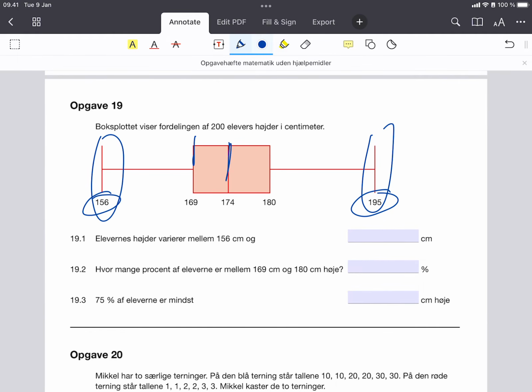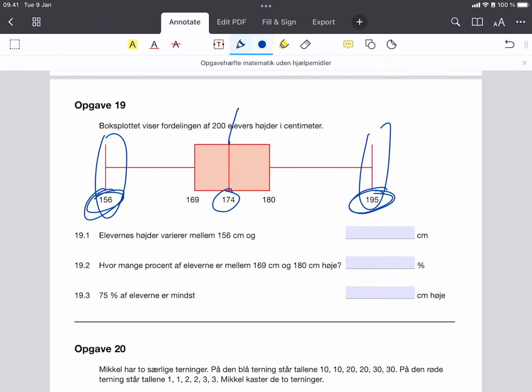So what does that mean? Well, if you stand the 200 people in a long line in height order, with the smallest at one end, 156, and the tallest at the other end, 195, then the person who's standing exactly in the middle is 174. So if you like, that's the 50% person, the person who's 50% from one end and 50% from the other end. So that's the median, in other words.